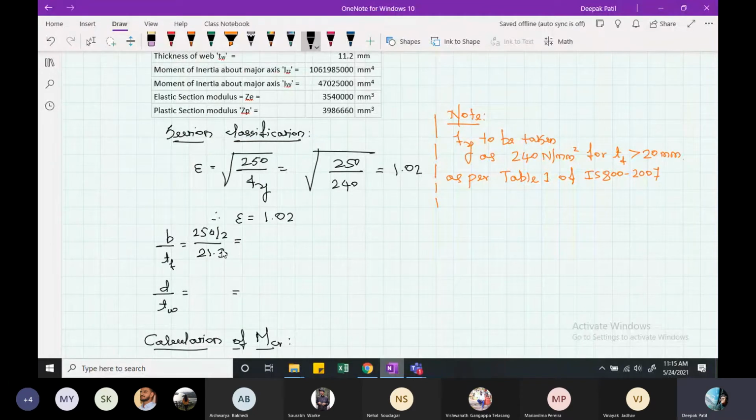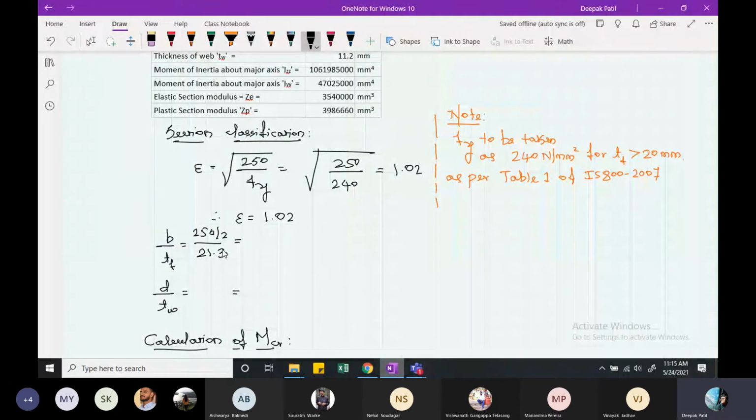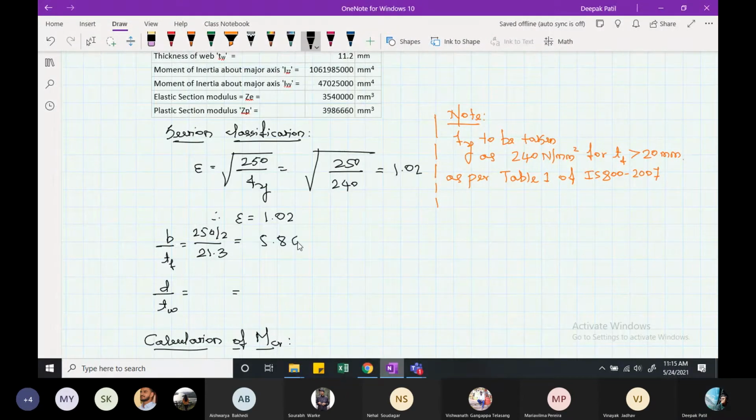This comes out to be 5.86, which is obviously less than 8.4 epsilon, where epsilon is 1.02. Sorry, not 8.4. I'm sorry, it is 9.4 epsilon.